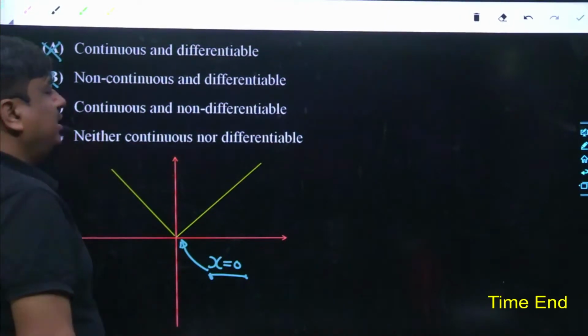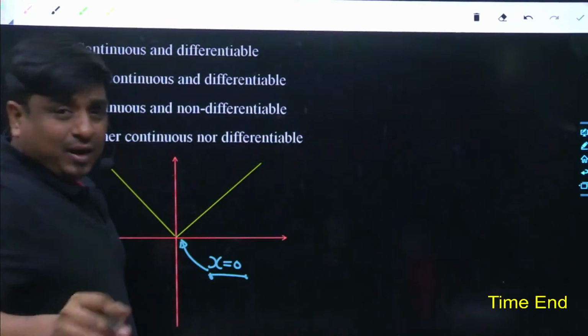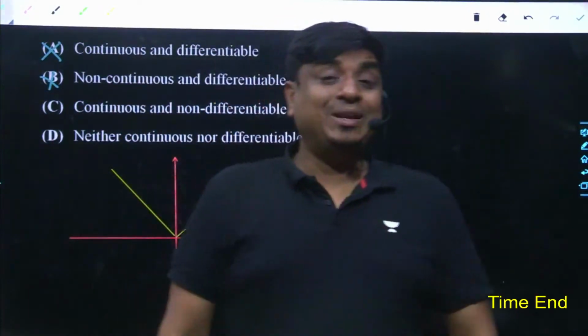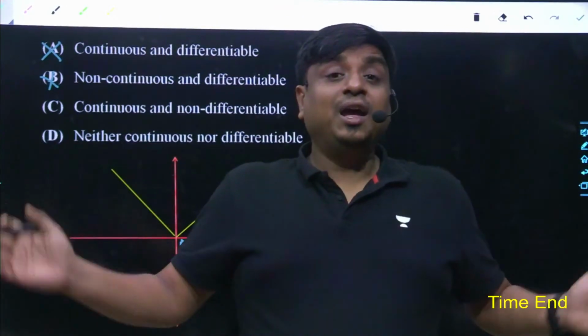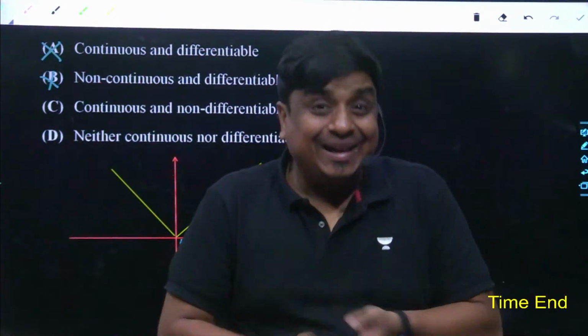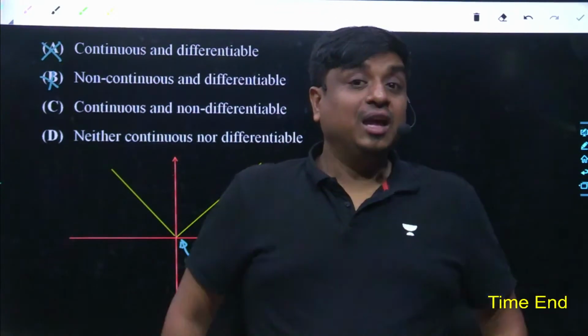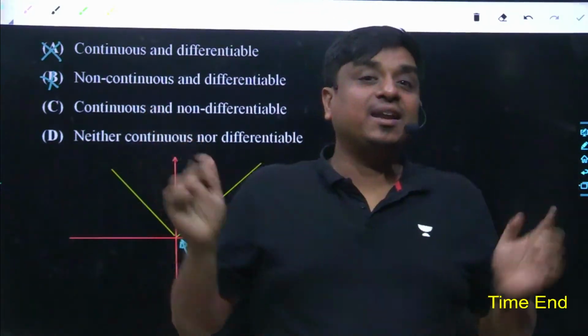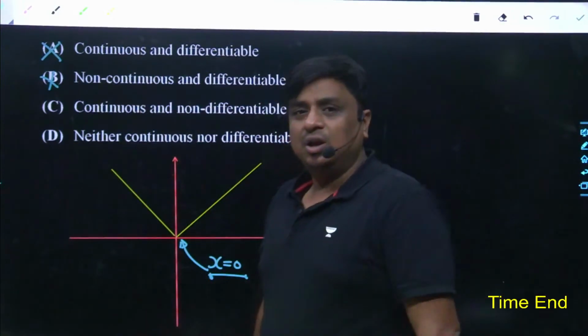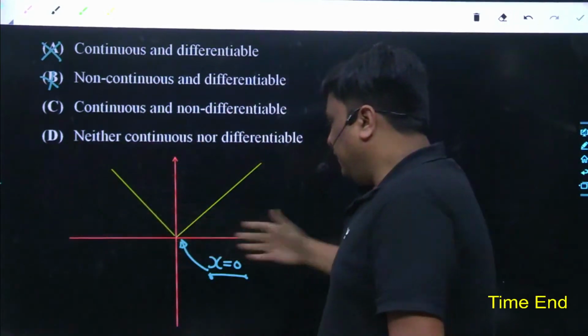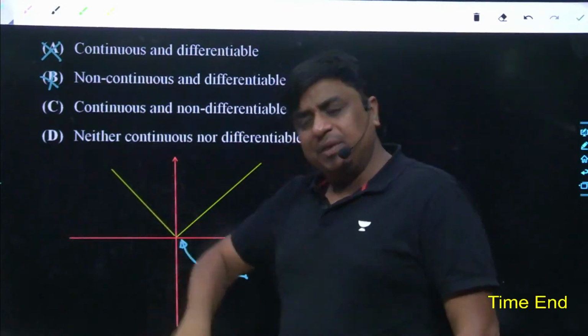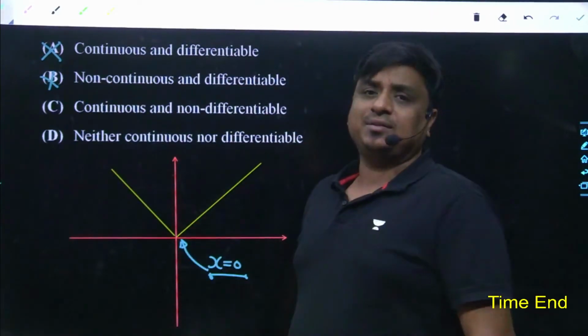Is it continuous and non-differentiable? Yes. The better answer is that it is continuous in the entire region of x, and it is differentiable in the entire region of x except x equals 0, because there are infinitely many points where the function is differentiable except x equals 0.